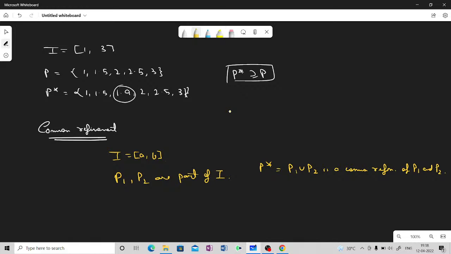As simple as that. So these were concepts of partitions.